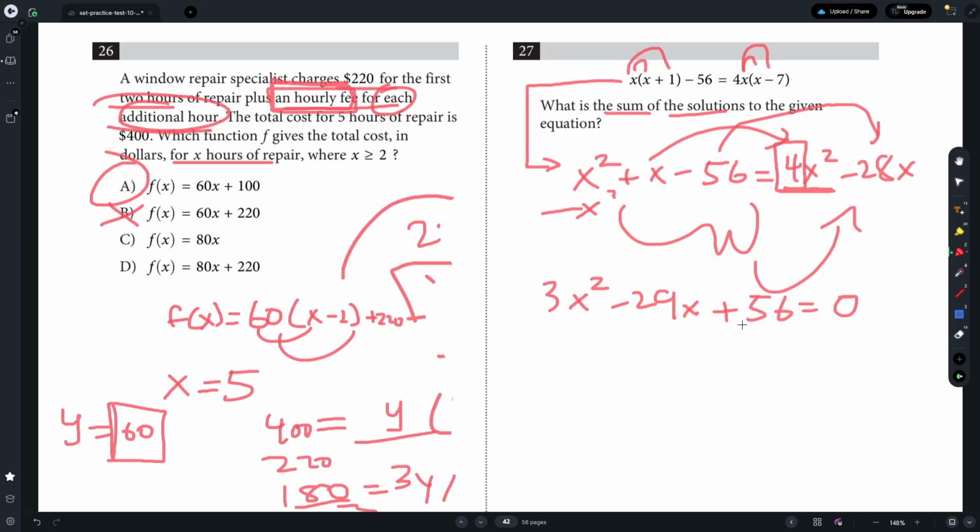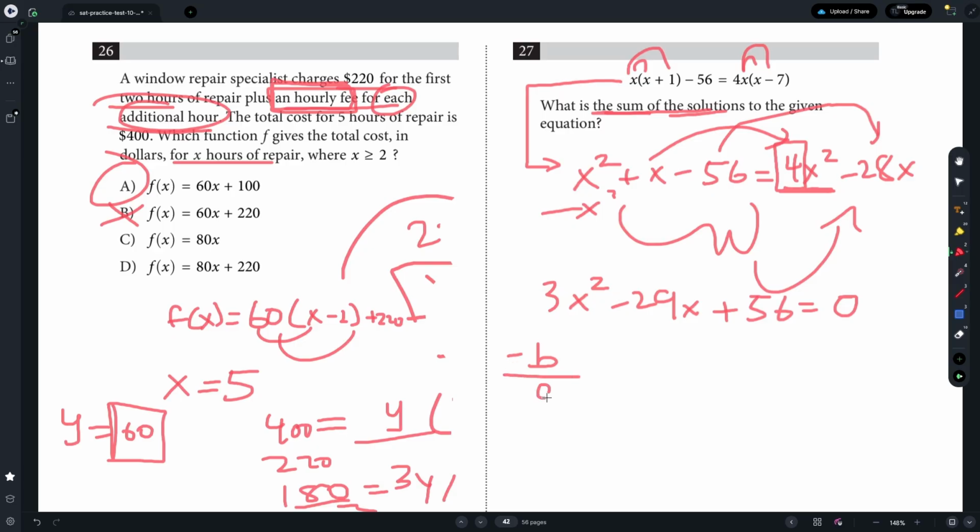Now you want to solve for all the solutions, right? However, what we could do to figure out the sum of the solutions is use this property called the sum of roots.